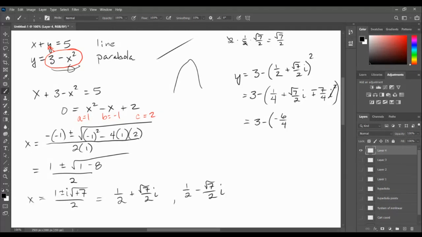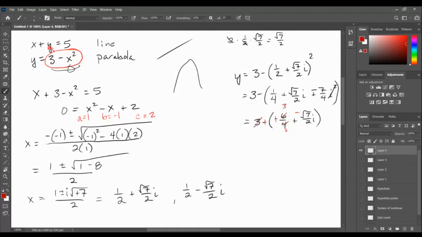I'm going to leave that way right now. We'll simplify it here in a second. Plus root 7 over 2 i. So the negative, let me go ahead and distribute that negative through. Oh, we might as well simplify this now. That becomes 3/2. So 3 plus 3/2.